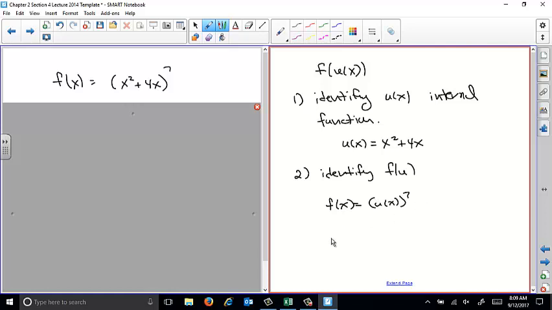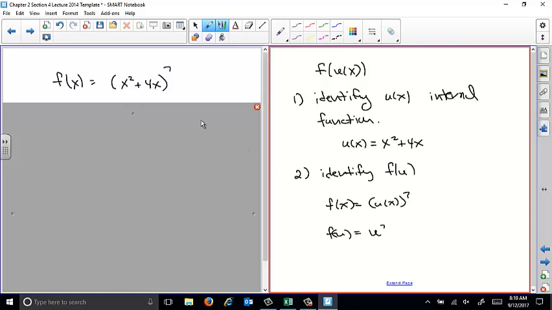So we would say f of u is just u to the 7th power. So we use a u instead of u of x, just as a shorthand, so that if I take u of x and I plug it into here for u, I'll get back to my original function.